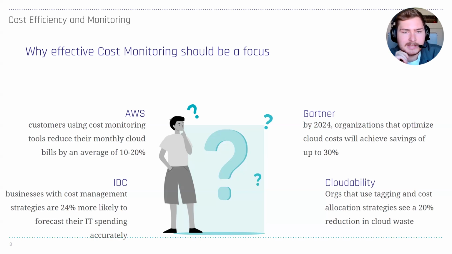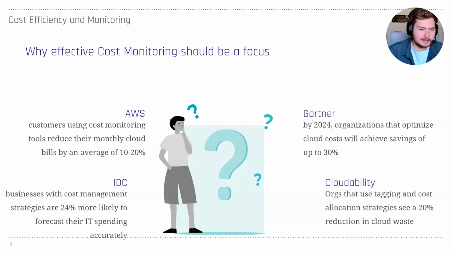Some of you will know this already, I've talked about it before. AWS has a statistic that customers who use their cost monitoring tools reduce their monthly cloud bills by an average of 10 to 20%. Gartner says that by 2024, organizations that optimize cloud costs will achieve savings of up to 30%, which I think is a lot. 30% of costs sounds crazy.